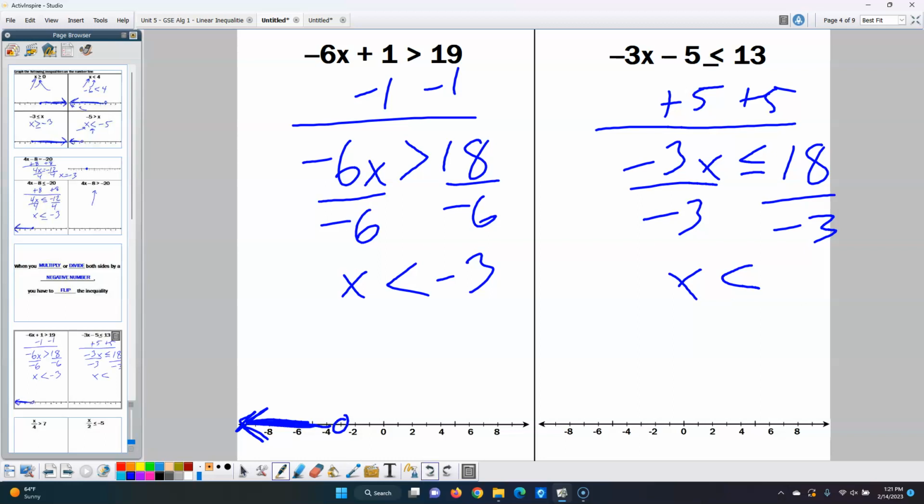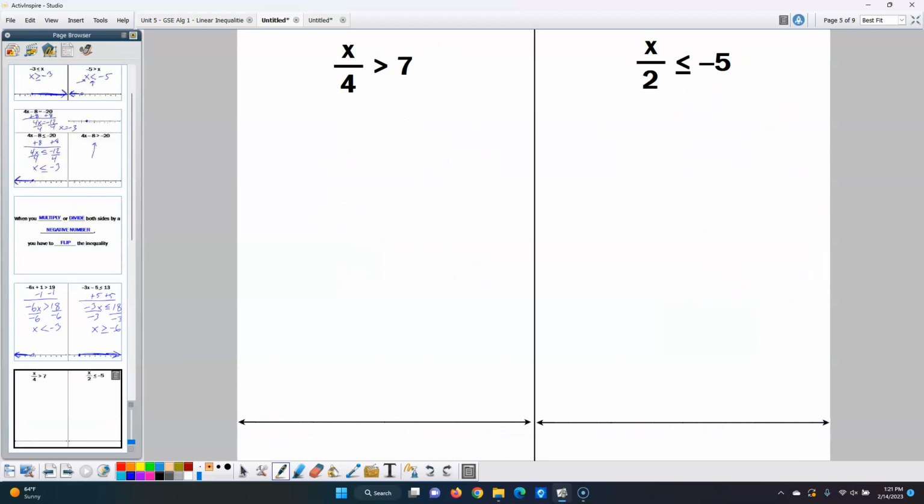When I divide by a negative number, I've got to flip that sign. Almost forgot there. Don't forget like me. Got to flip that sign. So I've got -6. That is over here. That's going to be a closed dot because I've got that equals to underneath it. Since that variable's on the left side, I can see which way it's pointing. It's going to go that way.